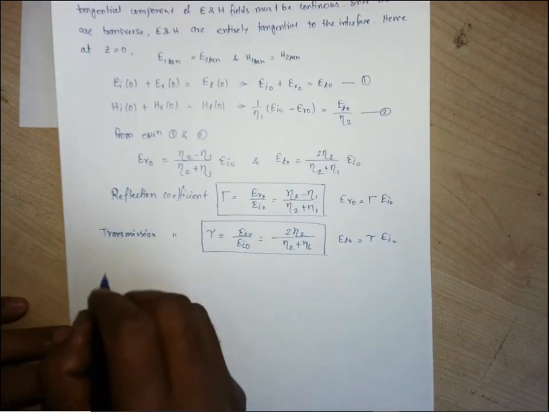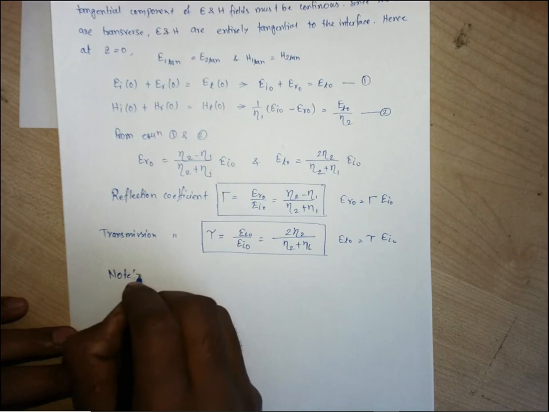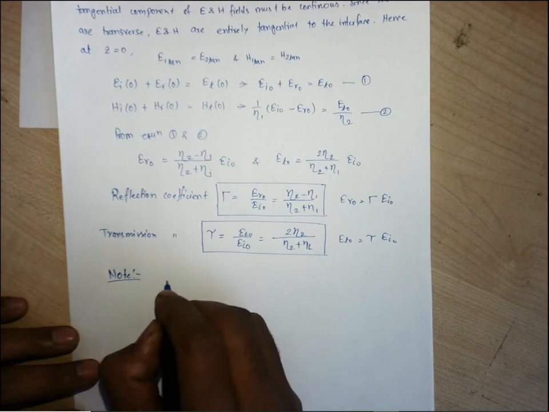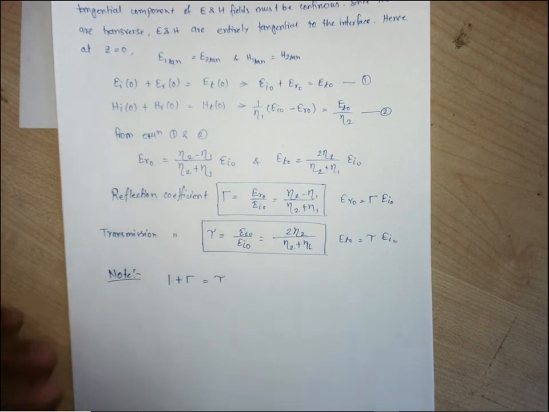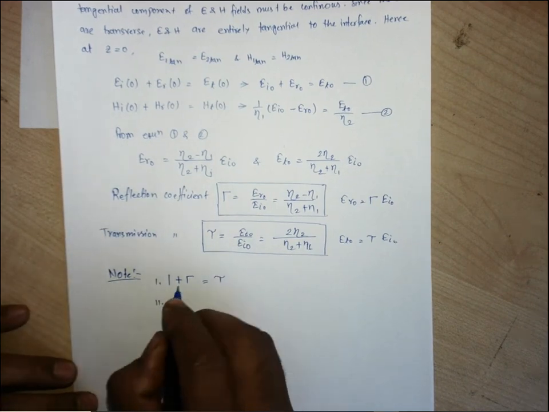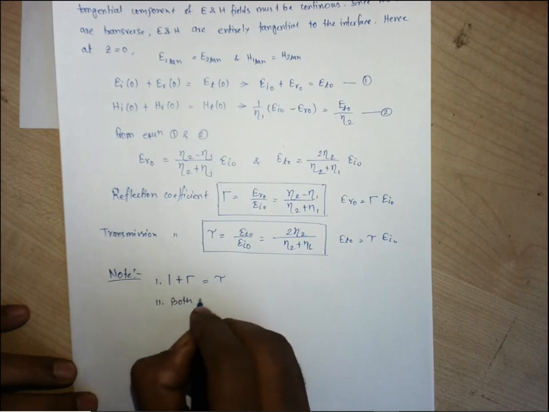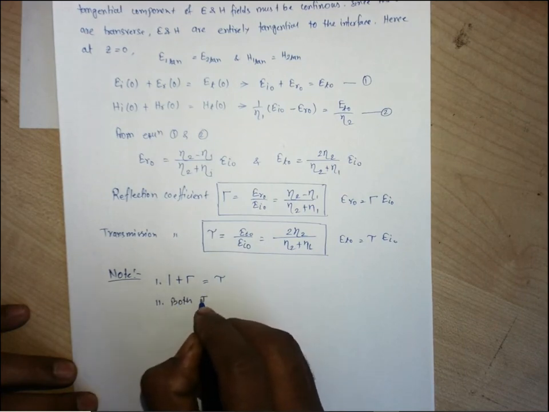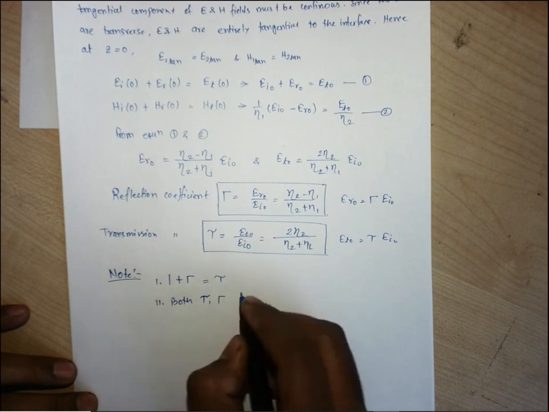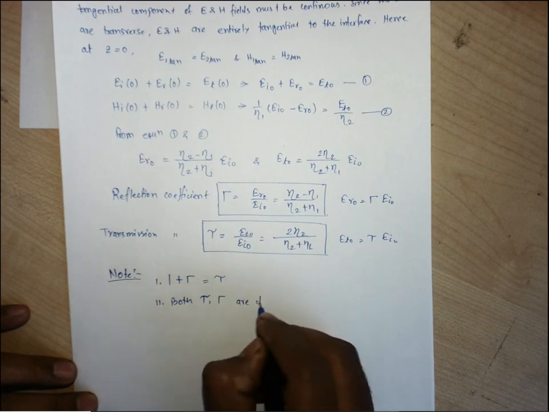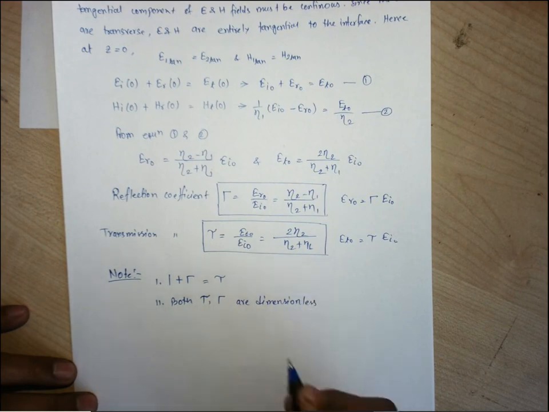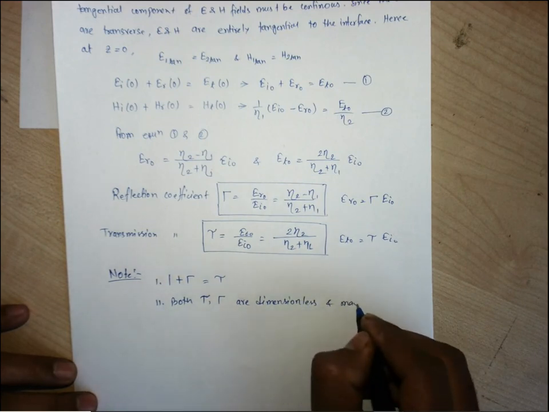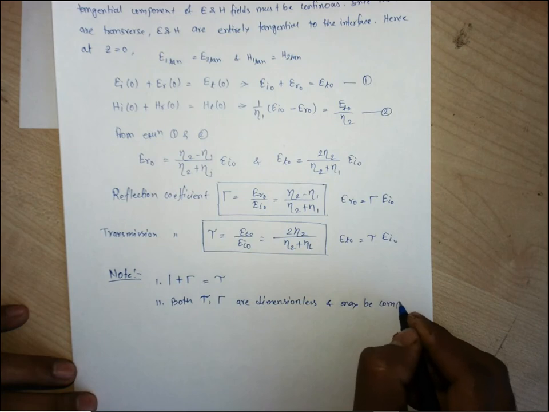Now from here, if you take note, we can observe that 1 plus the reflection coefficient gives us the transmission coefficient. First point. Second point is both tau and gamma are dimensionless, and they may be complex.